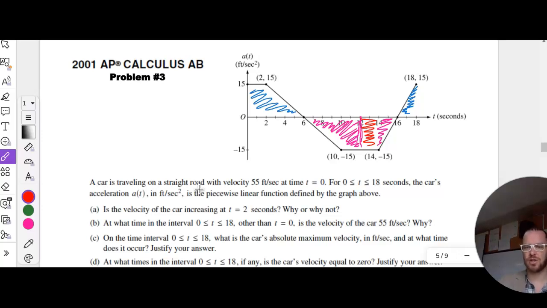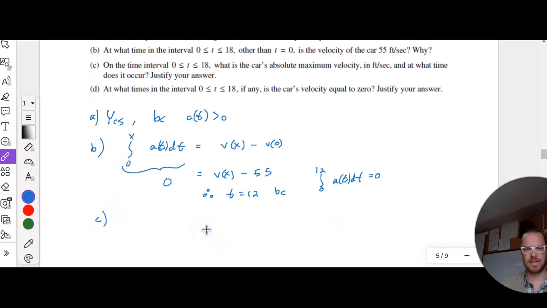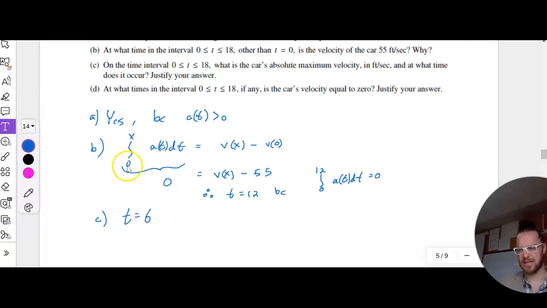So we're going to be fastest right here, because at this point we've only been accelerating in the same direction, so it's not going to be any slower at all. So this is going to happen at t equals 6.